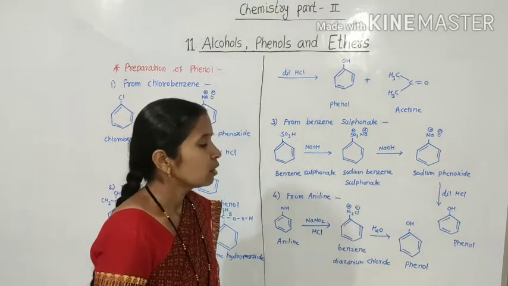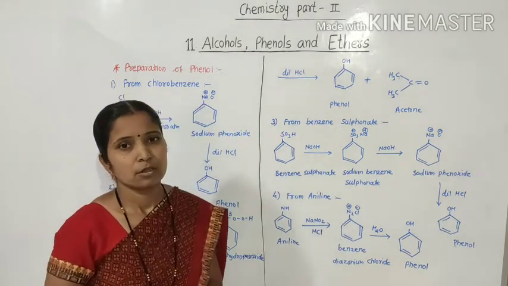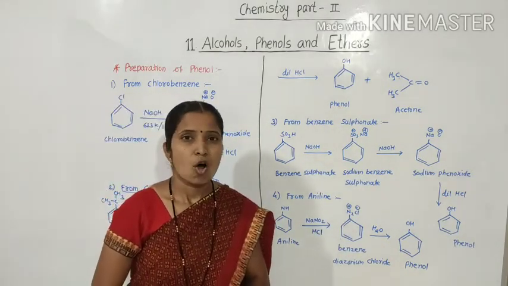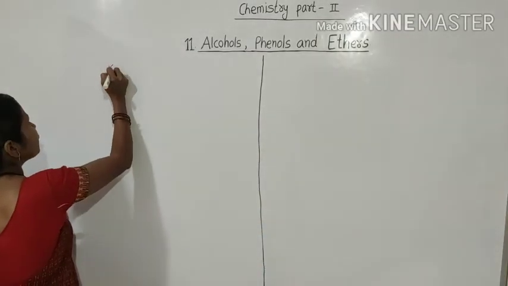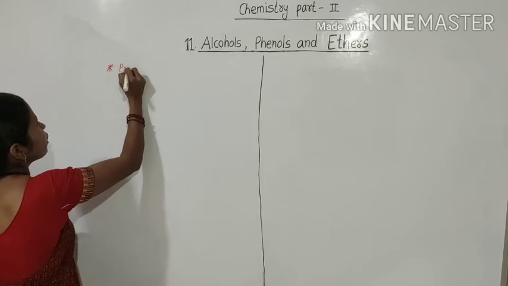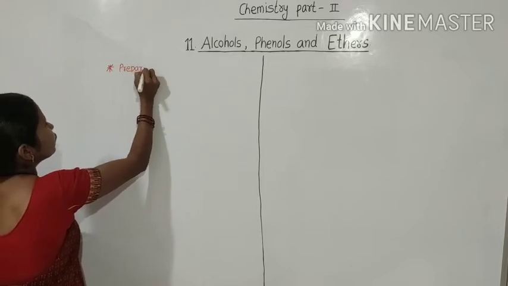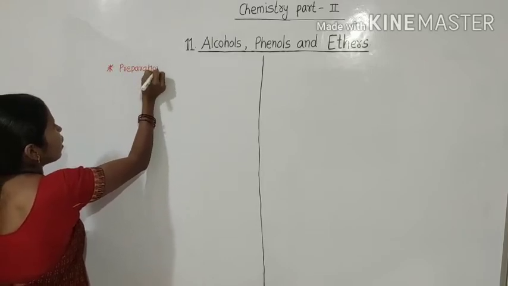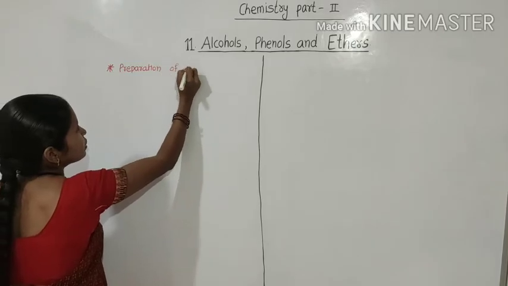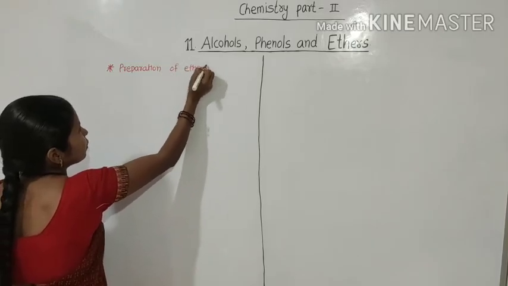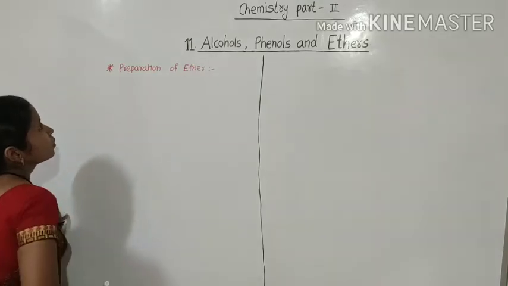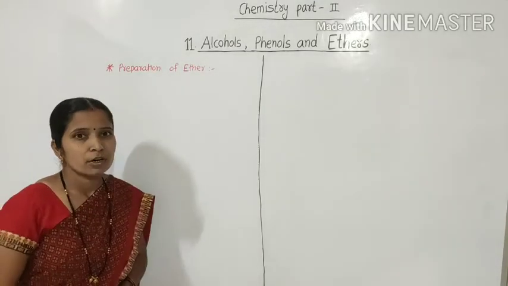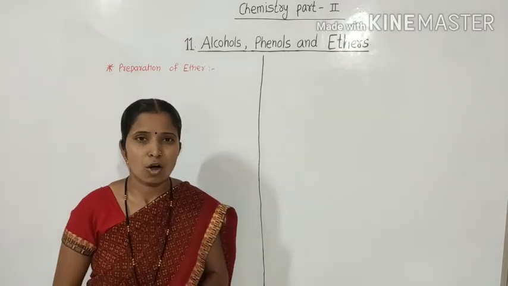Okay. Then our next point is preparation of ether. How is ether prepared? The first method is dehydration of alcohol.